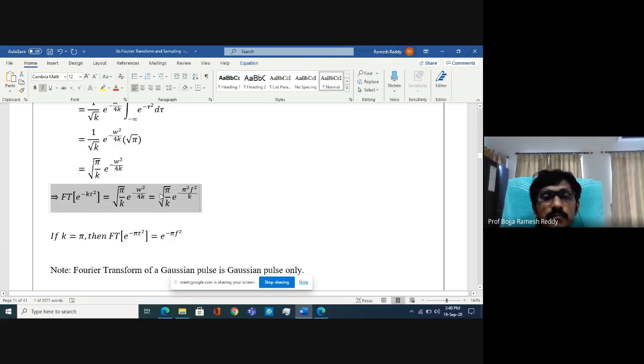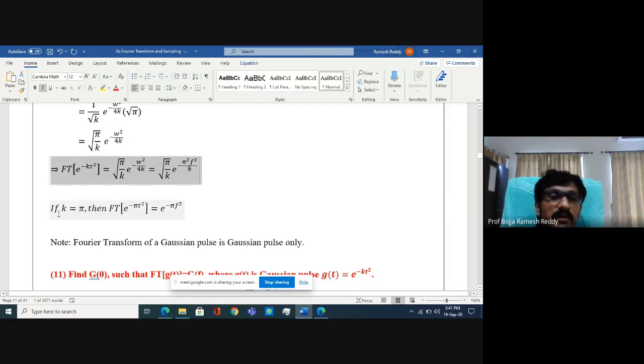In terms of f, substitute omega is equal to 2 pi f. It will become 4 pi square f square, the 4 gets cancelled, pi square f square by k. This is the formula actually. You have to know this formula.